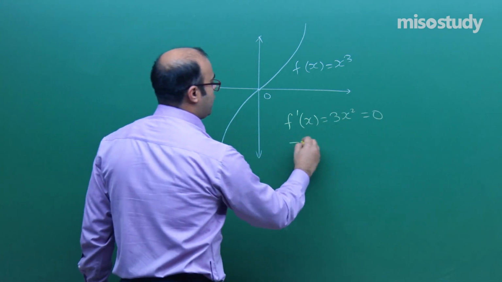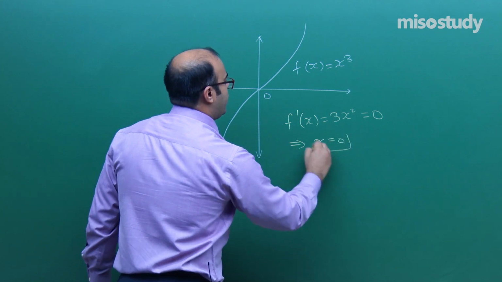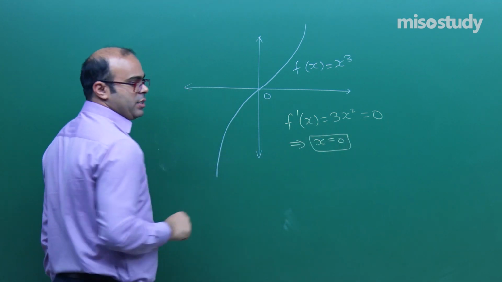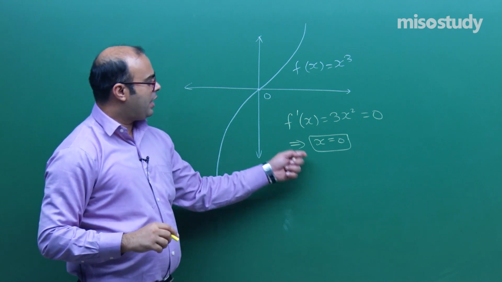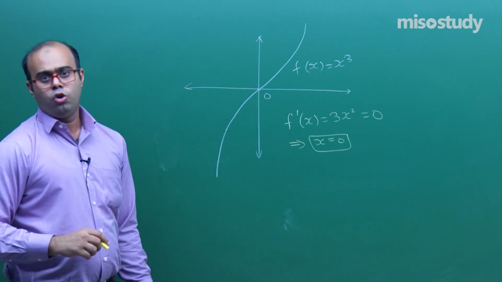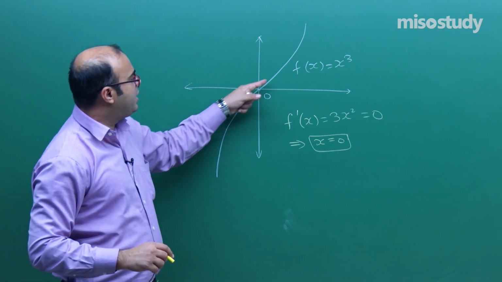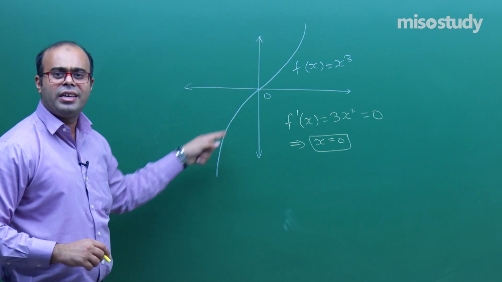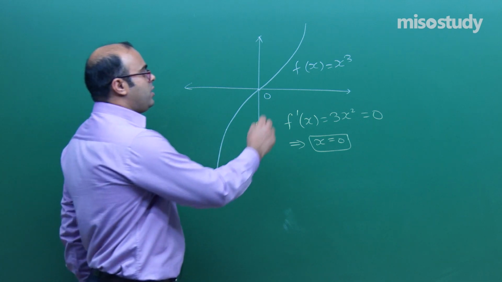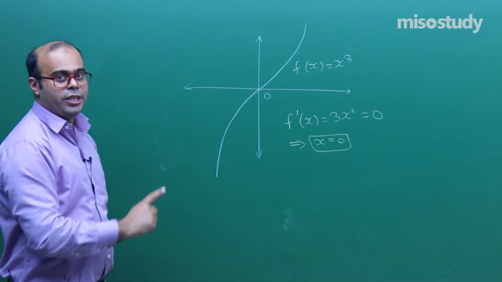What do you get? X is equal to 0. So, the derivative is 0 at x is equal to 0. Does that mean that at 0 there is a maxima or minima? No, this 0 is neither a maxima nor a minima. This is a monotonically increasing function. So, the converse statement is not true.